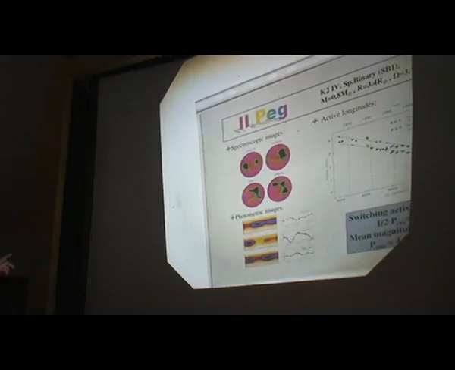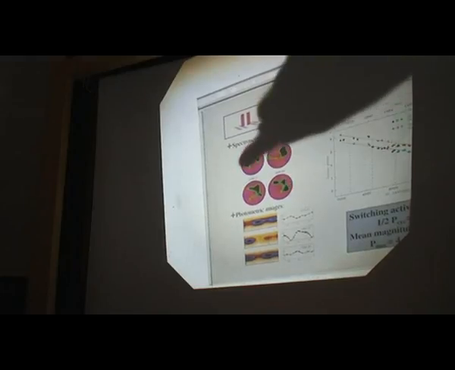There are some examples where we now have located these active longitudes as a spot structure. There's more about this II Peg from another projection. You see this is from quite in the beginning of this spectrograph.